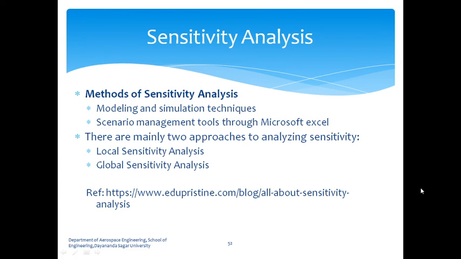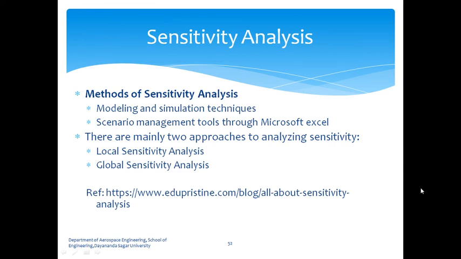If this happens, that is one scenario. For another scenario, you change something else. For each scenario, you say this is the solution I am proposing, or if there is some change in this, how much impact it will have on my output. That is scenario management and simulation.